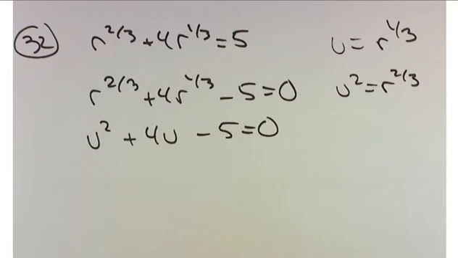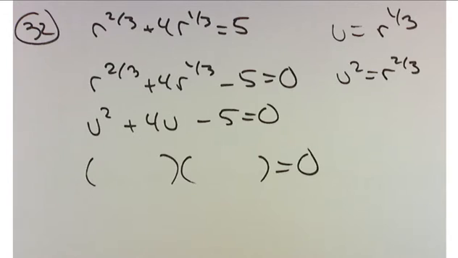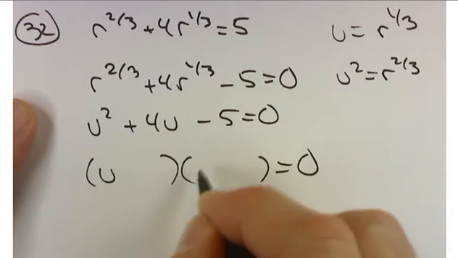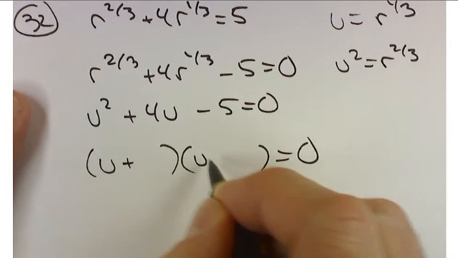Lisa, does this factor? Probably. You can give it a shot. I'll start you out: U and a U. I'm so generous. One has to be positive, one has to be negative.